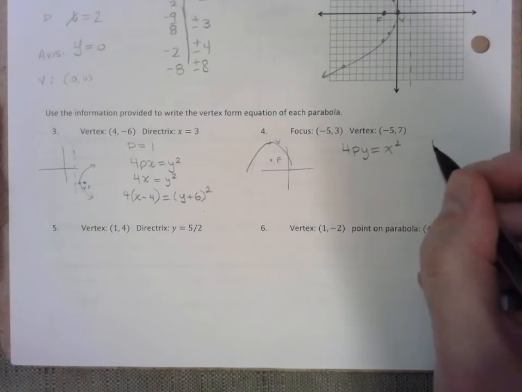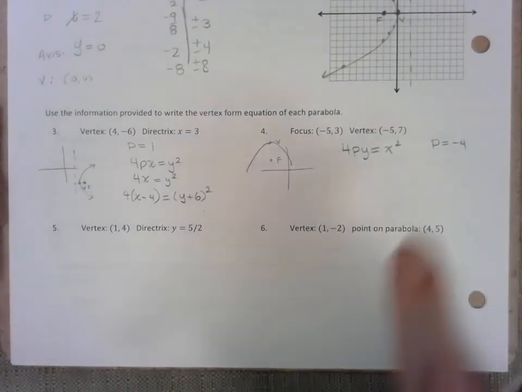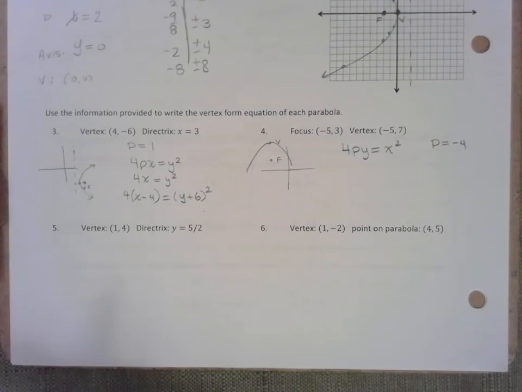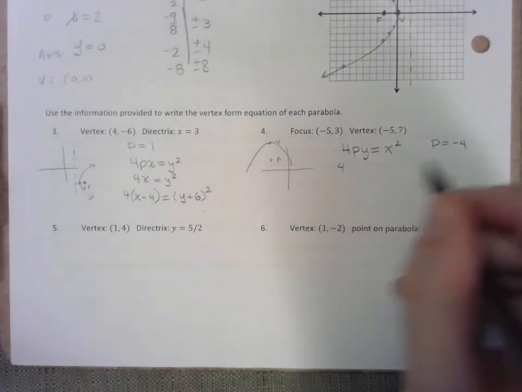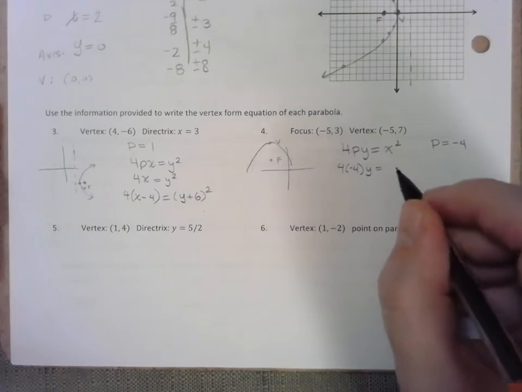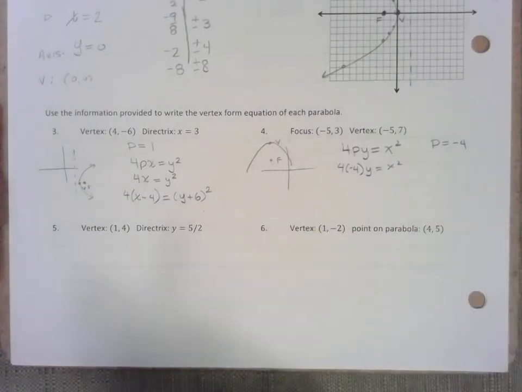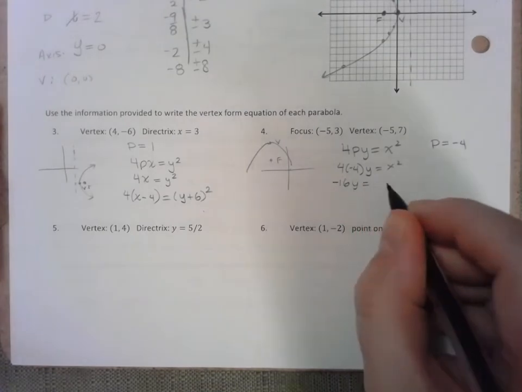This tells me my p-value is negative 4, unless you're doing Delta Math, and then they want to know that you're taking the absolute value of this p-value when you do your homework. But for me, I never make things easy. We are going to use a negative value for p in this case. So we got negative 16y equals x squared.